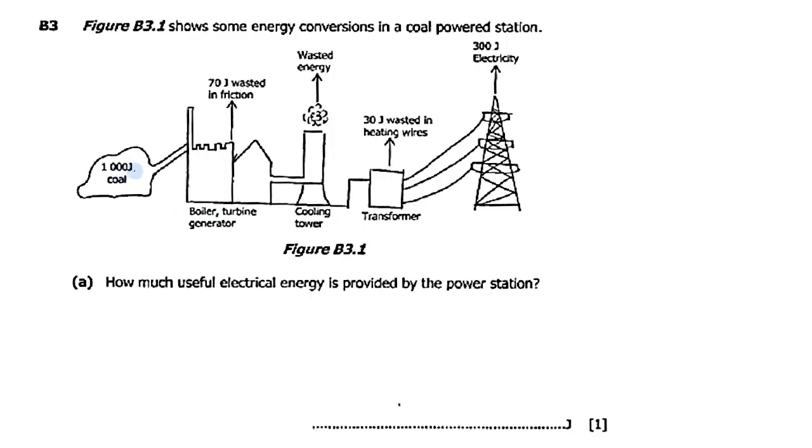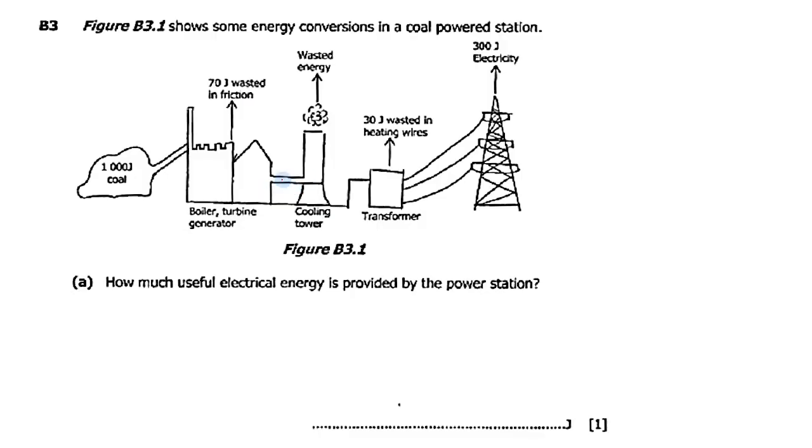So here you have 1000 joules of energy in coal. This energy is put into a boiler, turbine, generator. Out of that energy, 70 joules is wasted in friction inside the boiler.